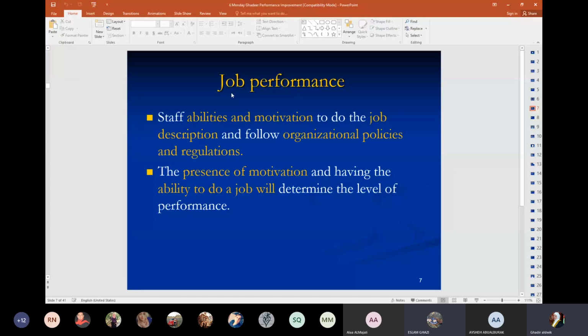So job performance reflects ability, what I can do, and motivation to perform the job description following the organizational policies and regulations. We have repeated here again that the presence of motivation is very important in job performance. I have abilities and motivation to perform what is required from me in the job description, okay?